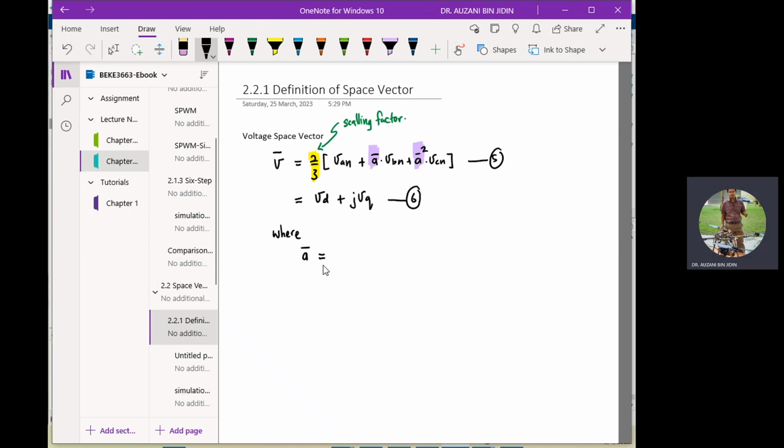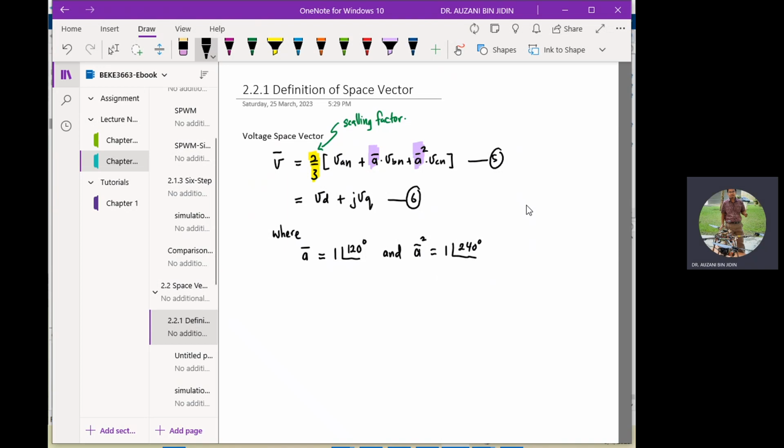So where the unit vector A has amplitude 1 and the angle is 120 degrees. And for A squared, same amplitude 1, but the angle is 240 degrees.